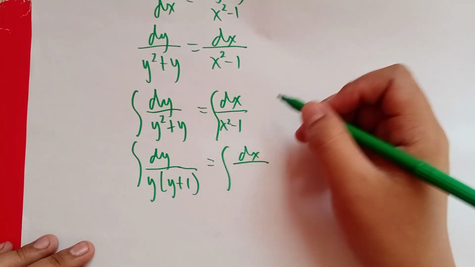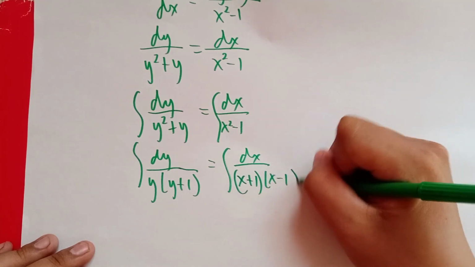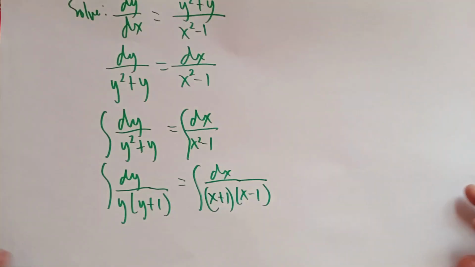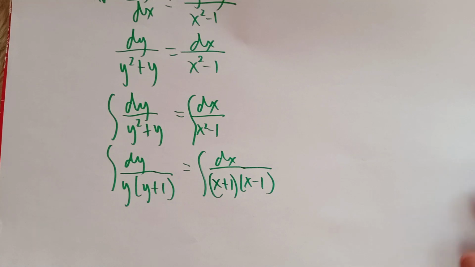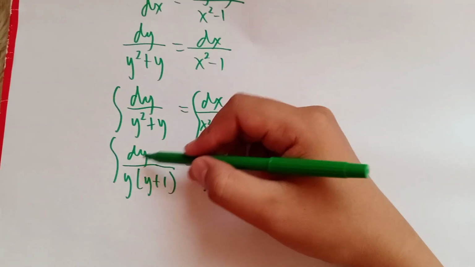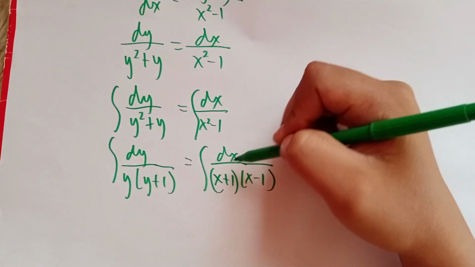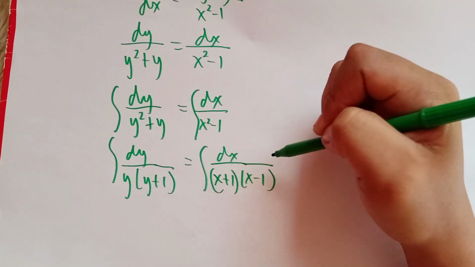Sa special factoring, this is equal to x plus 1 times x minus 1. Medyo matagal-tagal ito. So we have here integration of dy divided by y times y plus 1, and integration of dx divided by x plus 1 times x minus 1.